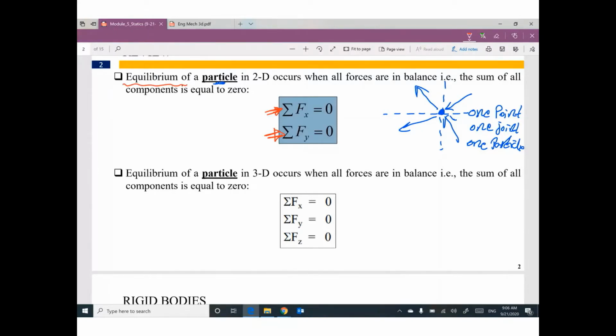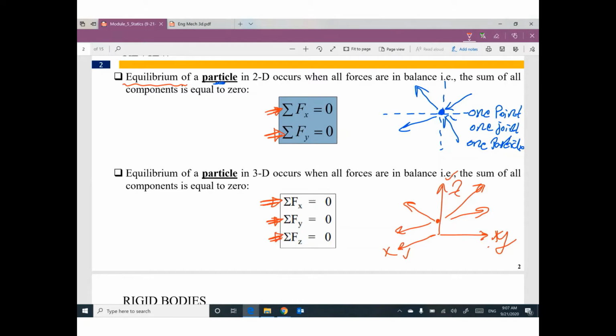Later, we talked about a particle in 3D, but you are still talking about only one point, one joint, or one particle, and we have many forces in X, Y, and Z. If these forces are in equilibrium, you break each force into 3 components in X, Y, and Z, and the summation of all X components equals 0, the summation of all Y components equals 0, and the summation of all Z components equals 0.